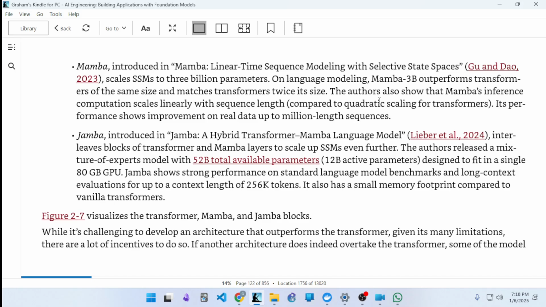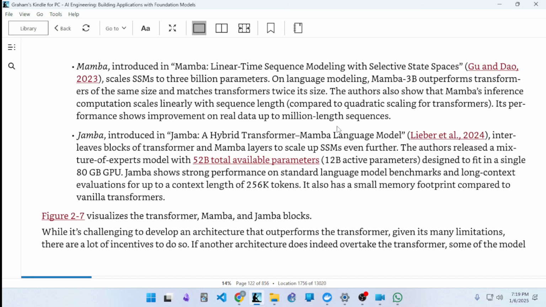Jamba, introduced in "Jamba: A Hybrid Transformer-Mamba Language Model," interleaves blocks of transformer and Mamba layers to scale up SSMs even further. The authors released a mixture-of-experts model with 52 billion total available parameters, 12 billion active parameters, designed to fit in a single 80-gigabyte GPU.